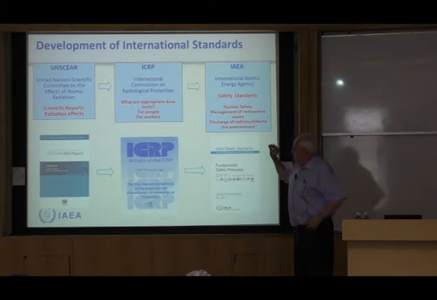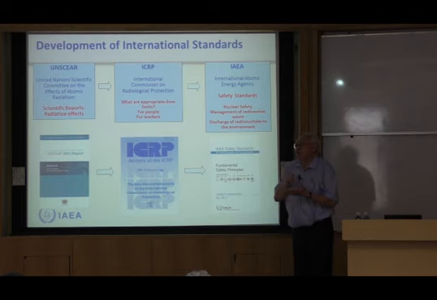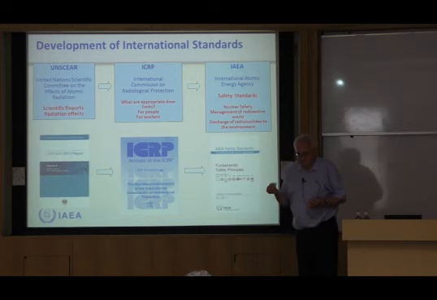But the task of UNSCEAR, and also of ICRP, is to analyze the current knowledge which is there and to extract from this knowledge the key messages of the story. But on the other side, also to identify those areas where still knowledge gaps remain.